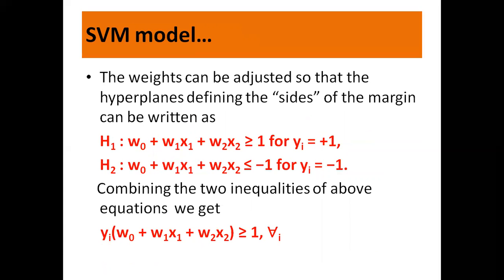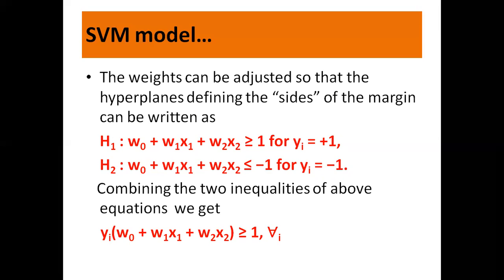The weights can be adjusted so that the hyperplanes defining the sides of the margin can be written as H1, the upper hyperplane, that is the positive hyperplane: w0 + w1x1 + w2x2 ≥ 1 for yi = +1. Now w0 + w1x1 + w2x2 ≤ -1 for yi = -1, that is, it belongs to the negative hyperplane.